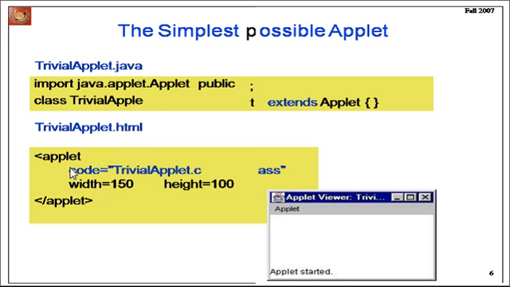We take tags like applet and code, which define the Java class where the applet code is mentioned, and width and height define the dimensions of the applet in the web browser.